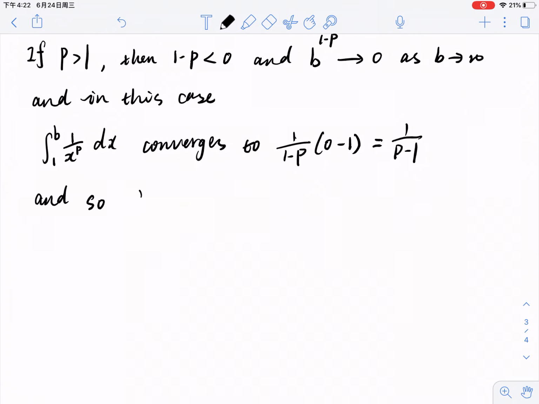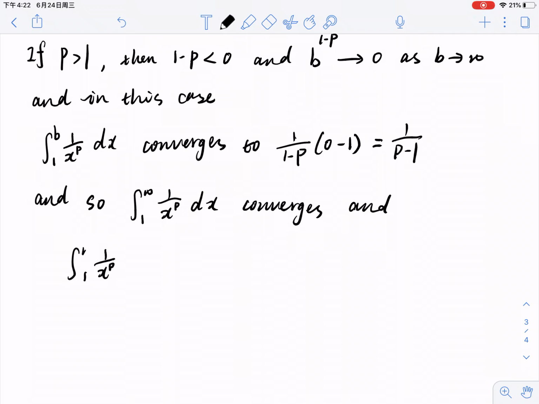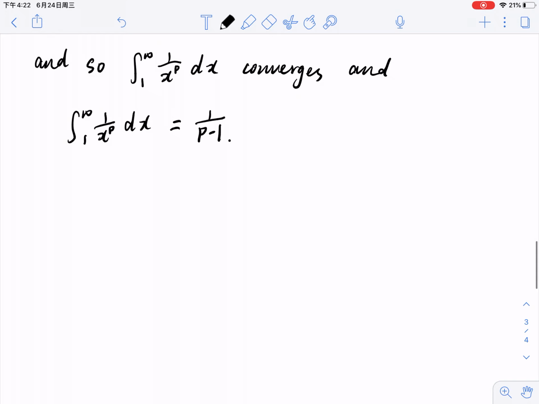And so the integral of 1 over x to the p from 1 to infinity converges, and it is equal to 1 over p minus 1. This is the case if p is greater than 1. Now let's look at if p is less than 1.